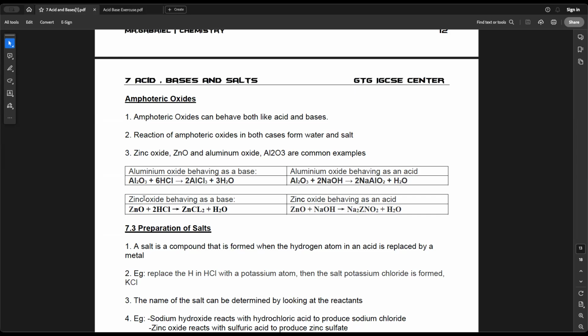Then after that, reacting the metal with dilute sulfuric acid. For metal, magnesium plus sulfuric acid can become magnesium sulfate. Copper itself cannot react with dilute sulfuric acid.